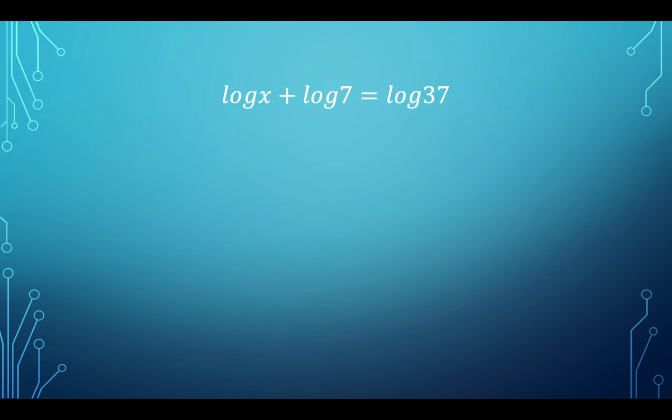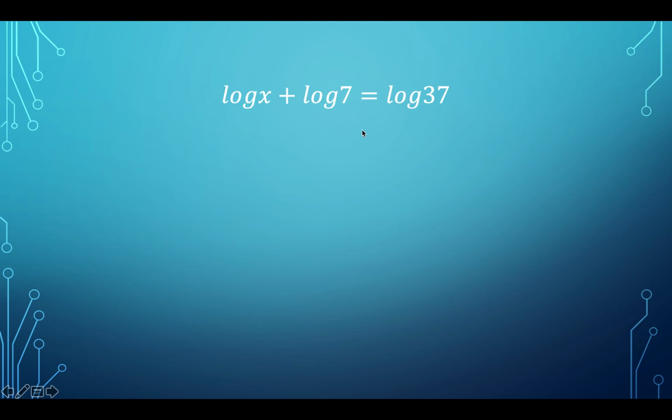How about now? We have log x + log 7 = log 37. You could still simplify this one. In this problem I combined expanding and condensing logs, in addition to solving for x.